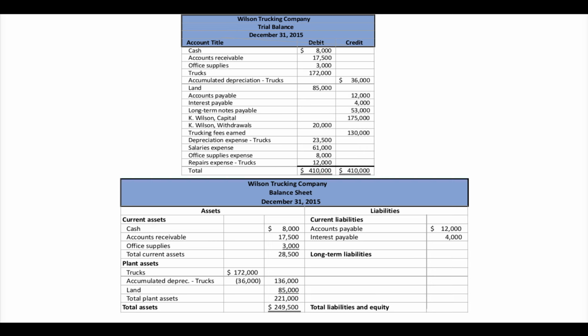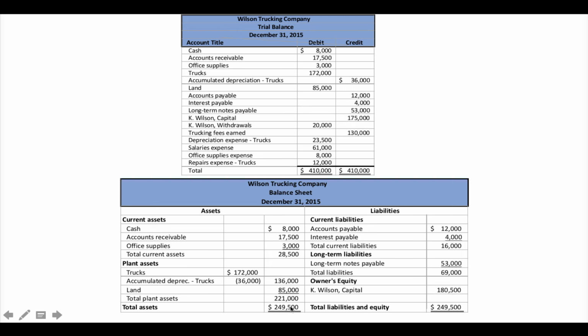As far as long-term liabilities go, we're told right there that's a long-term note payable. Total all those together, and with our owner's capital account, which is our only equity account here, should total out to balance, obviously. Otherwise, it's not a balance sheet.